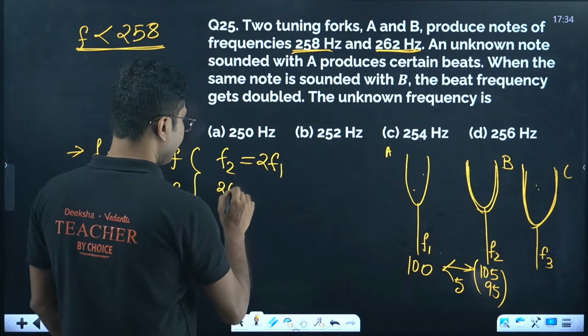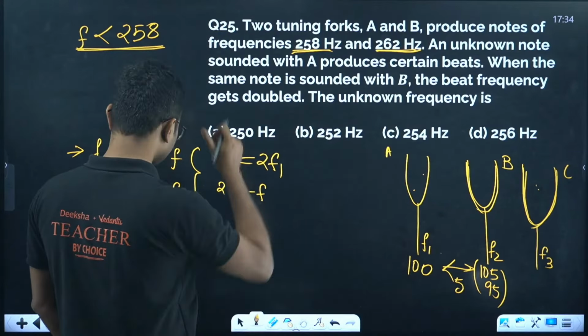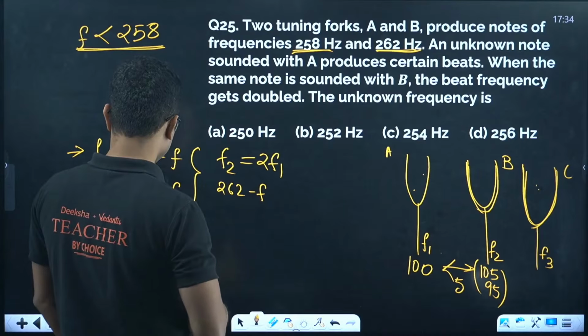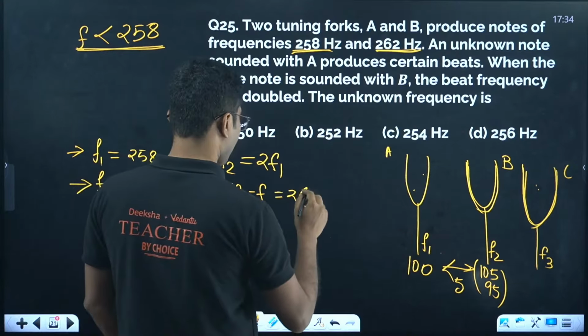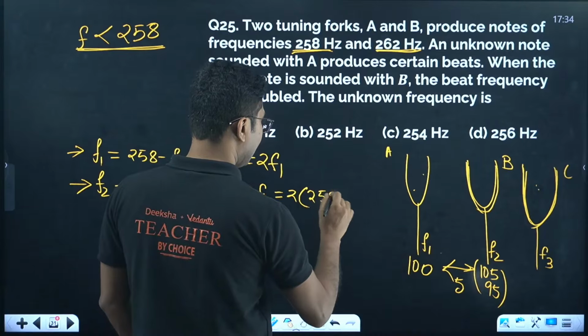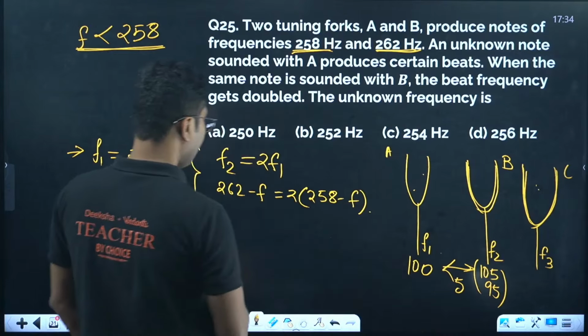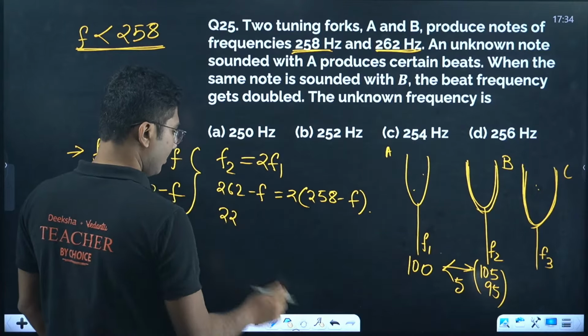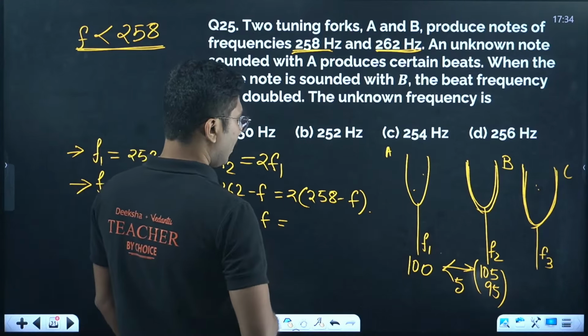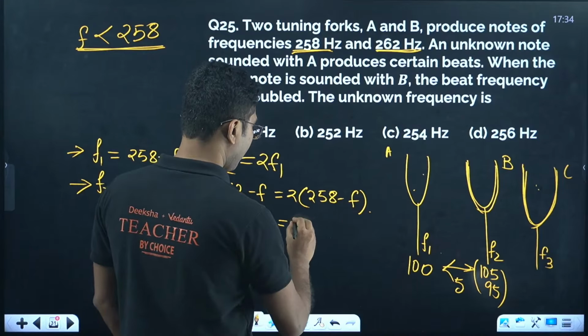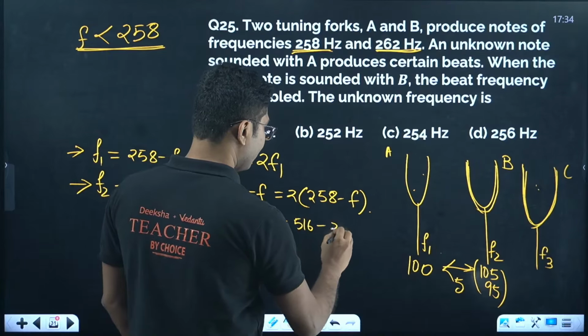So 262 minus F equals 2 into 258 minus F. Now simplify: 262 minus F equals 516 minus 2F.